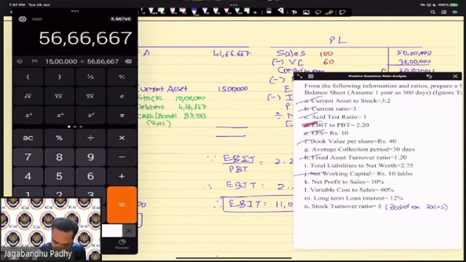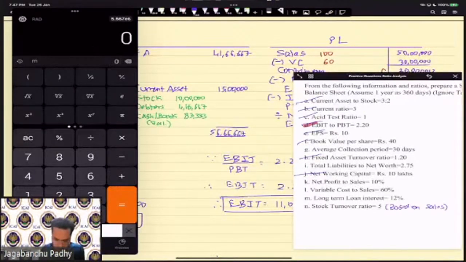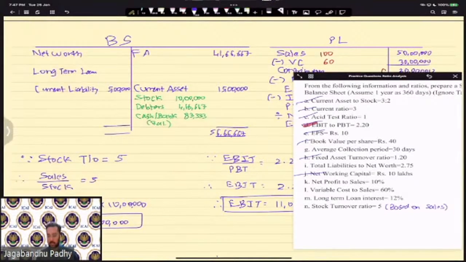That's 56,66,667. Ideally, this also should be the same, right?